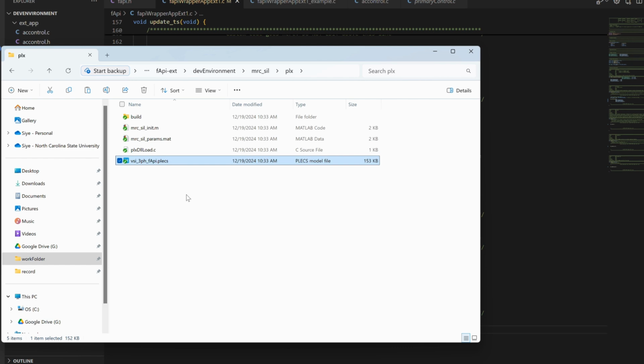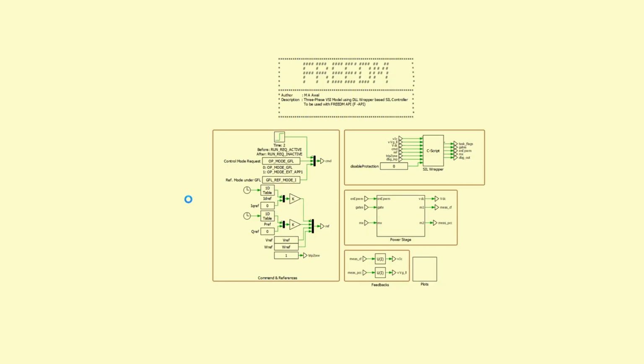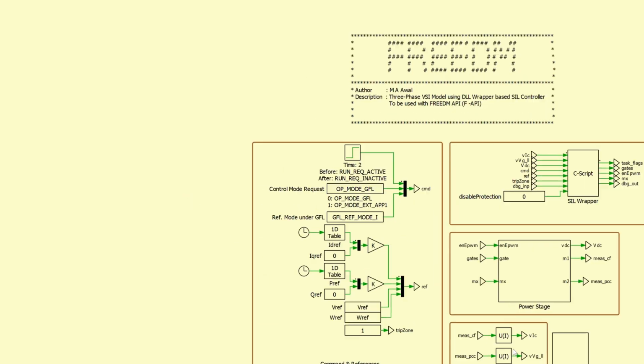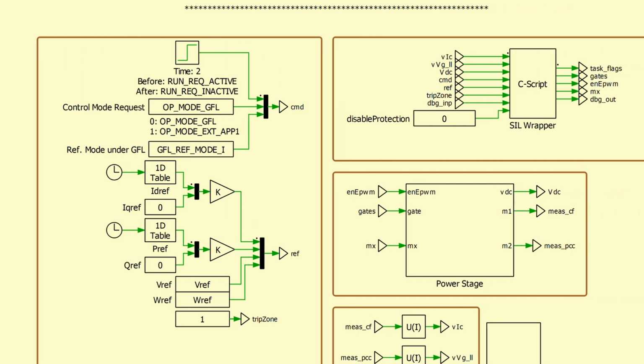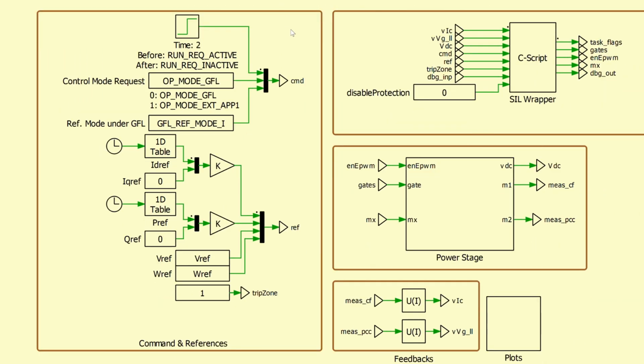Now if we open up the Plex model for the three-phase inverter, on the left-hand side is the command and reference window, a similar version of which exists in a CAN-based SCADA if we are using the HIL or hardware setup.